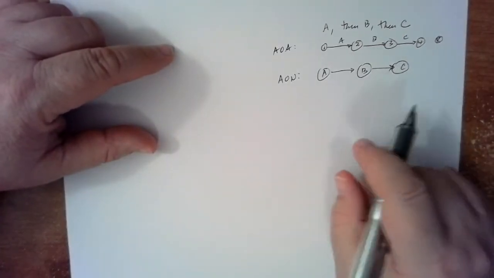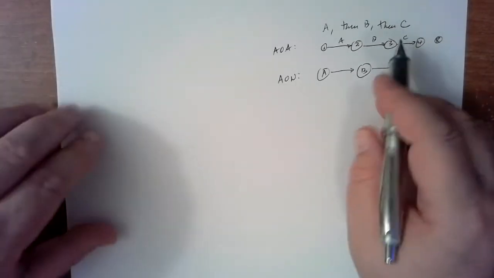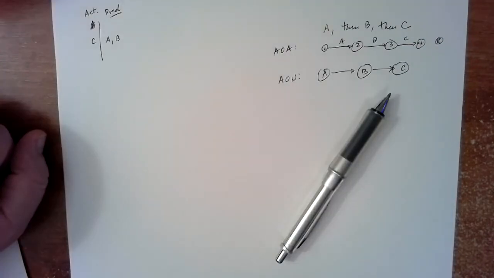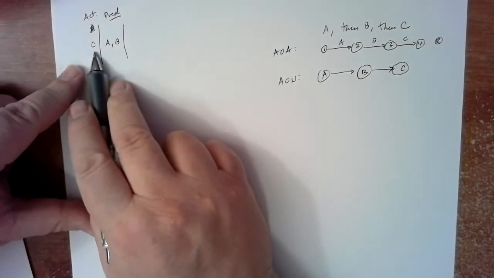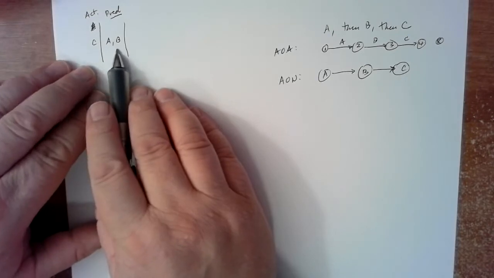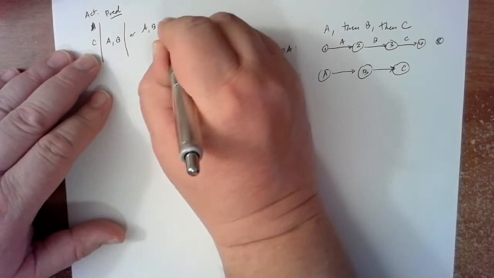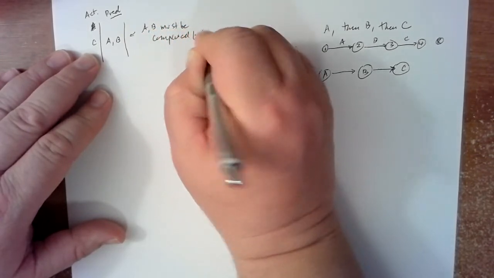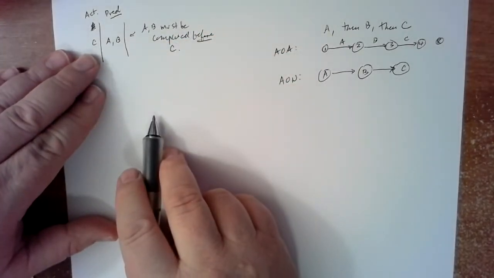Now let's look at some more possibilities. In this example, I'm looking at these columns, and I see activity C, and the predecessors were A and B. This would mean that A and B must be completed before activity C. So how would you draw the diagram for that?